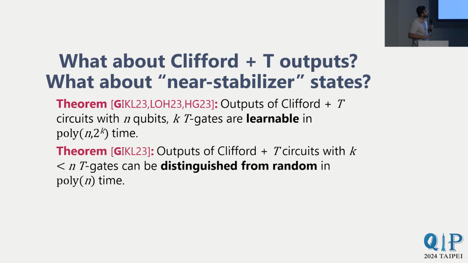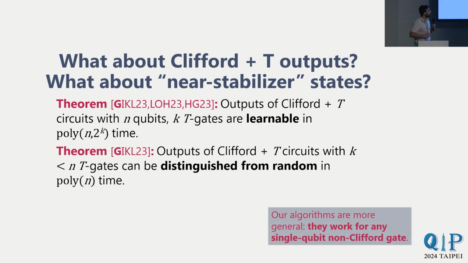We also show that outputs of Clifford plus T circuits, where the number of T gates is strictly less than the number of qubits, are distinguishable from random in polynomial time. The striking corollary of this result is that pseudorandom states will need at least n T gates to prepare. So this type of distinguishing algorithm implies non-pseudorandomness.